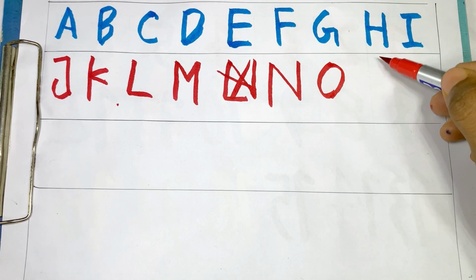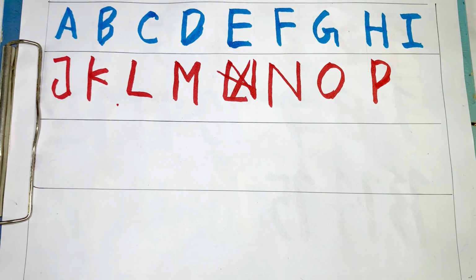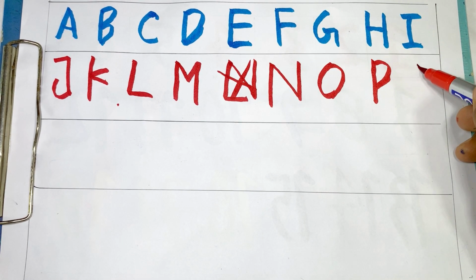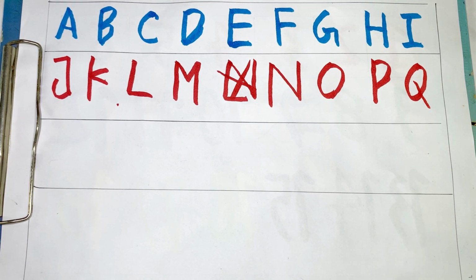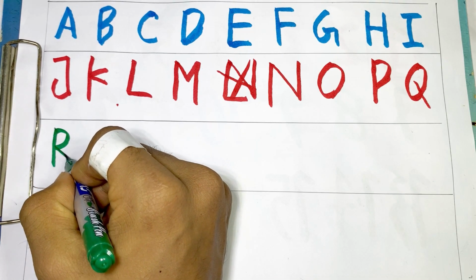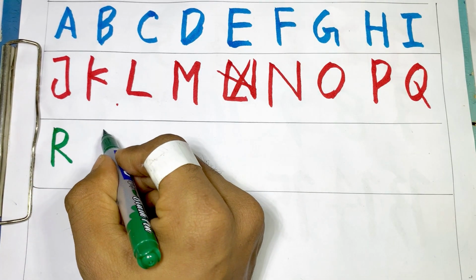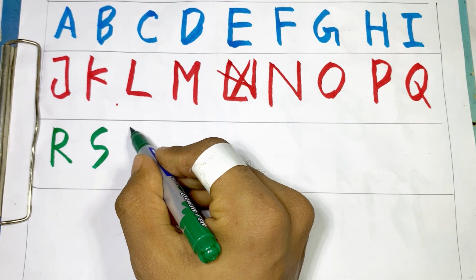O for octopus. P for parrot. Q for queen. R for rose. S for sun.